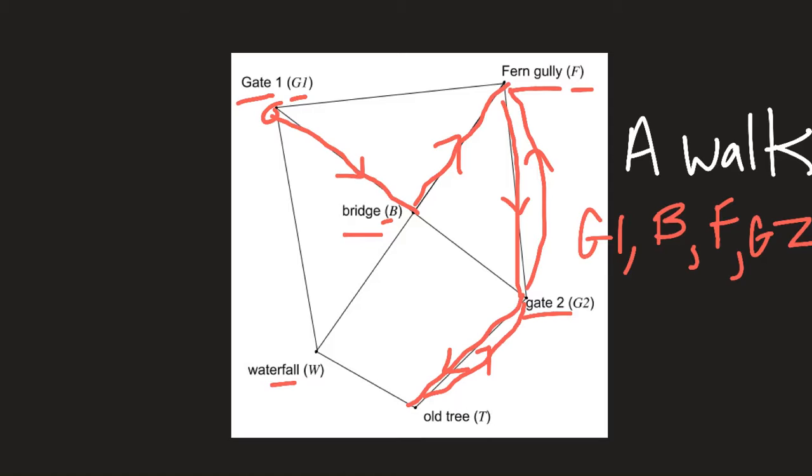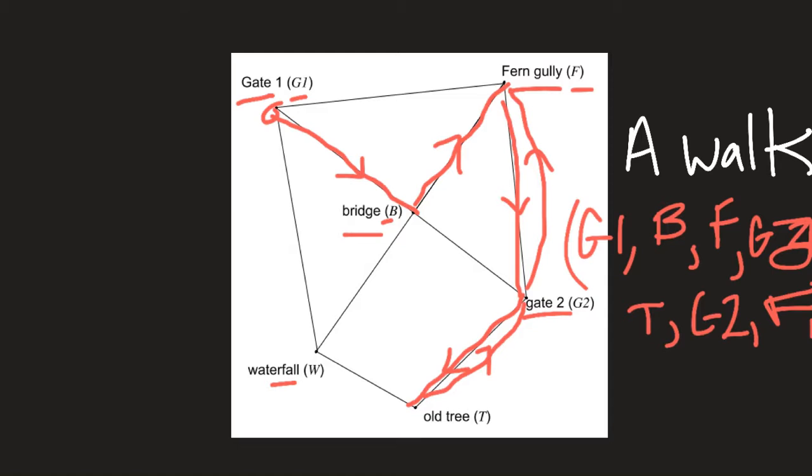After gate 2, I went to the old tree, T, and then after the old tree, I went back to gate 2. And then after gate 2, I finished at Fern Gully. So that is a way of writing out my walk using the vertices as well. I've included all the vertices that I've gone through to make up my walk.